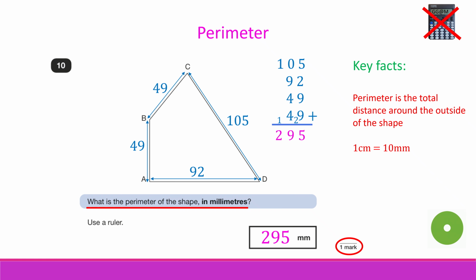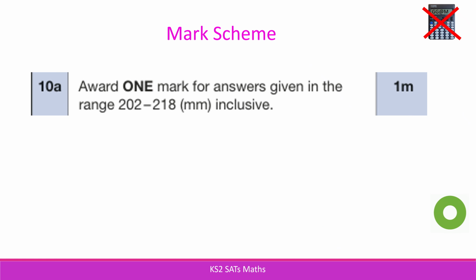Now, if you've actually printed off the actual exam paper on A4 size and you'd measured each of the sides and added them together, you would find you would get a total between 202 and 218 millimetres inclusive. So you're allowed 202 to 218.